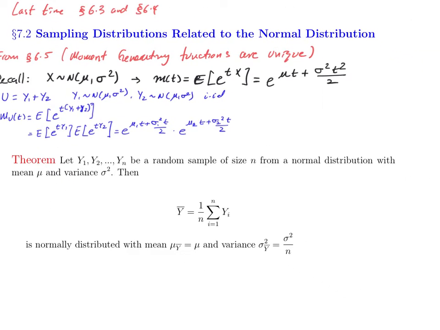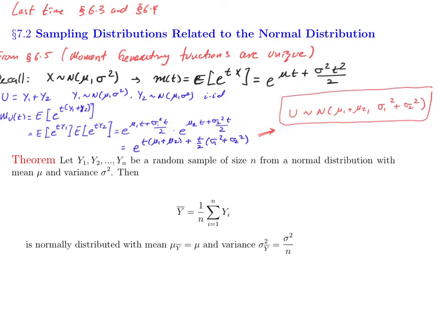And then using basic properties of algebra, this will be e to the t, you can factor the mu 1 plus mu 2, and you can also factor the t over 2 here, times sigma 1 square plus sigma 2 square. Right, so this gives us a very important and useful result. This automatically implies that u has a normal distribution where the mean is mu 1 plus mu 2 and the variance is sigma 1 square plus sigma 2 square. So this is a very, very useful result.